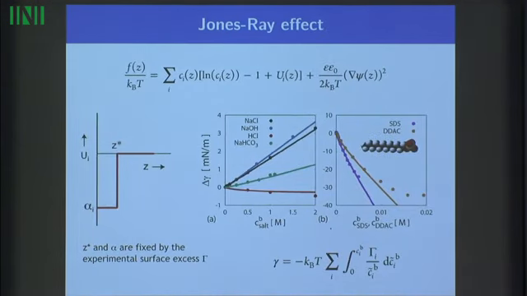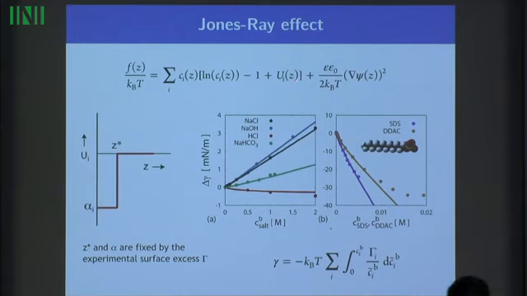And the way we did this, together with Yuki Uematsu, is by writing down the free energy of an ionic solution at the interface. So there are the entropic terms, there are the electrostatic terms, and here is the adsorption energy U_i.